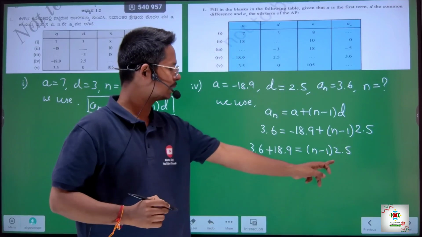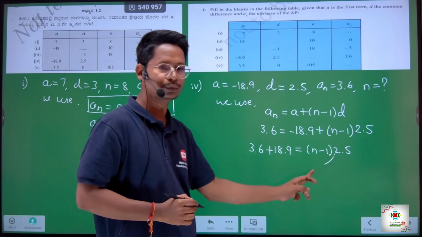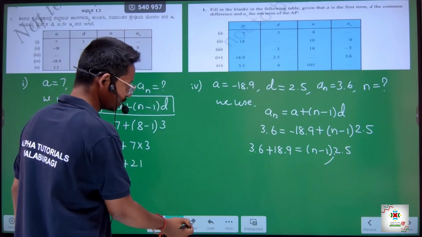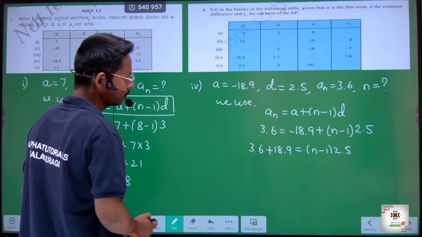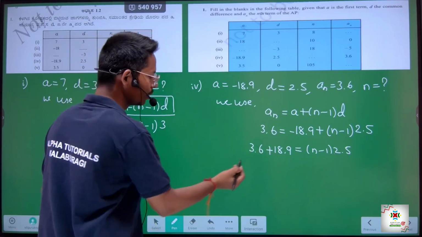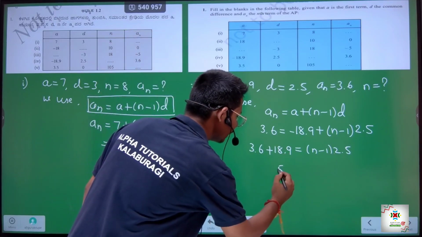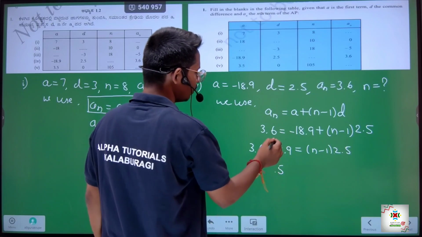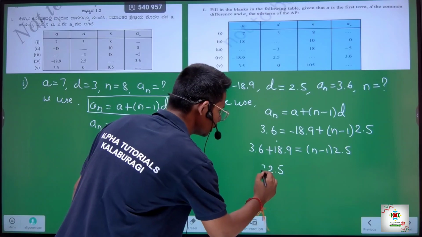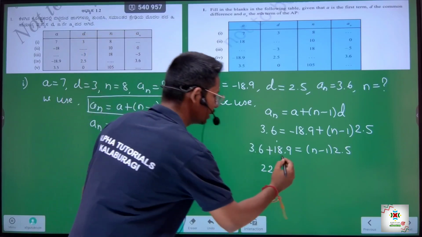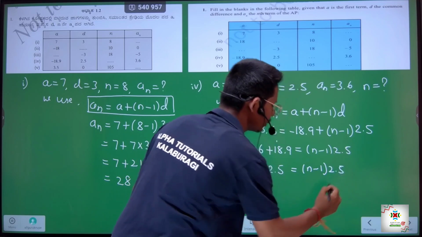See, don't open the bracket at this stage, because you can shift 2.5 to the other side. Now add these two: in the tenths place 6 plus 9 is 15, 5 and carry 1. 1 plus 8 is 9, 9 plus 3 is 12, carry 1, so it is 22.5, equals n minus 1 into 2.5.